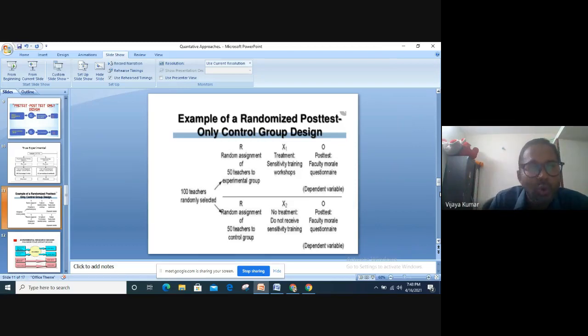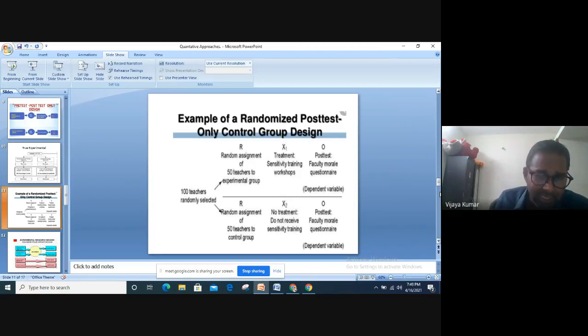Quasi-experimental is the same person before and after. You go to a particular class, teach them, observe them, conduct a diagnostic test. After a period of time, use your entire methodology, and with the same group, you assess them. You don't have a control group, you don't have an experimental group. It's the same group. You need not have homogenization or random sampling.